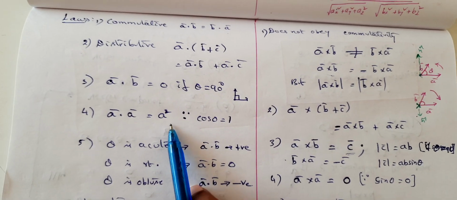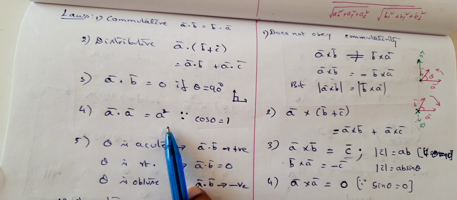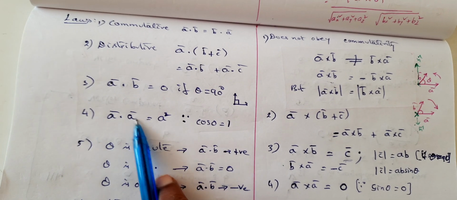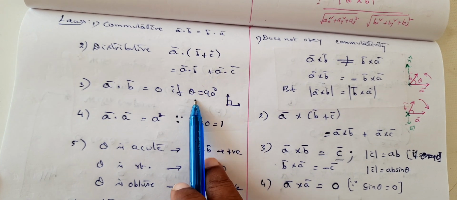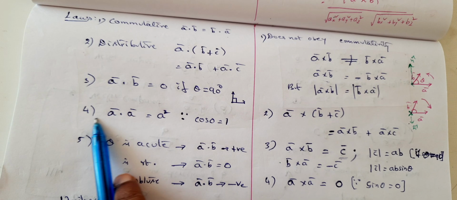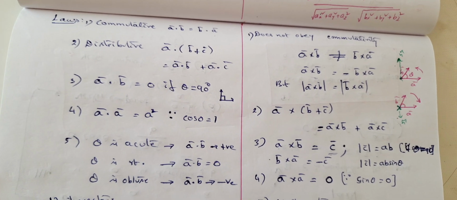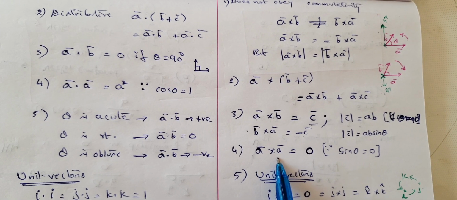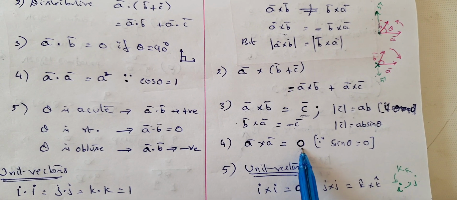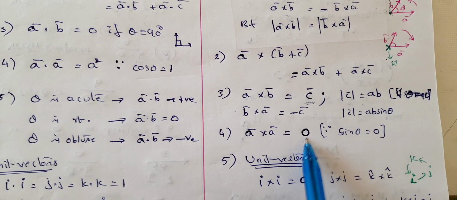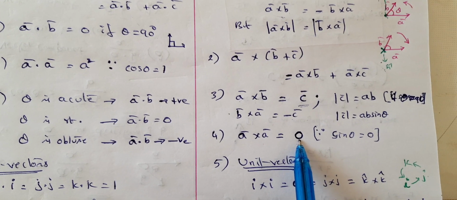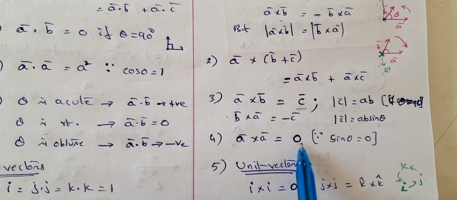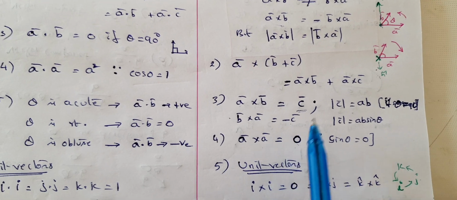Now when two vectors are parallel to each other, theta is 0. Substitute theta, cos 0 is 1. So A bar dot A bar is A square. But in case of cross product, A bar cross A bar, you should not say it as 0, but it is a null vector, because the magnitude is 0.